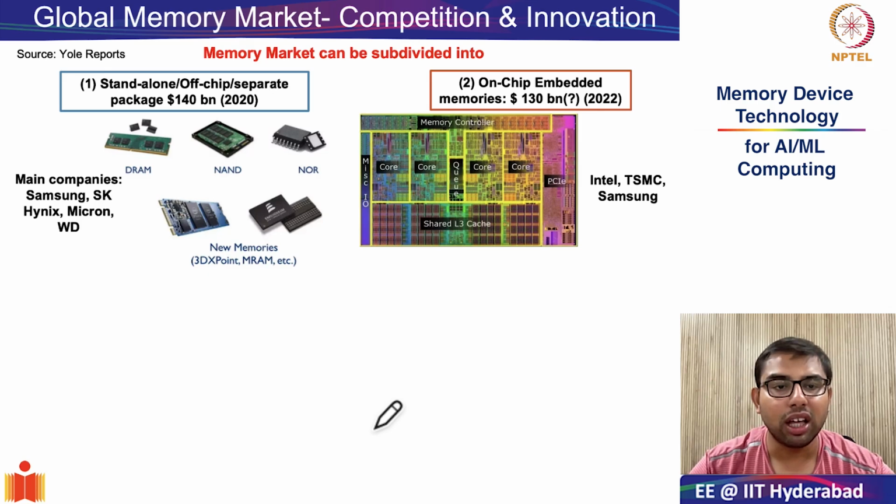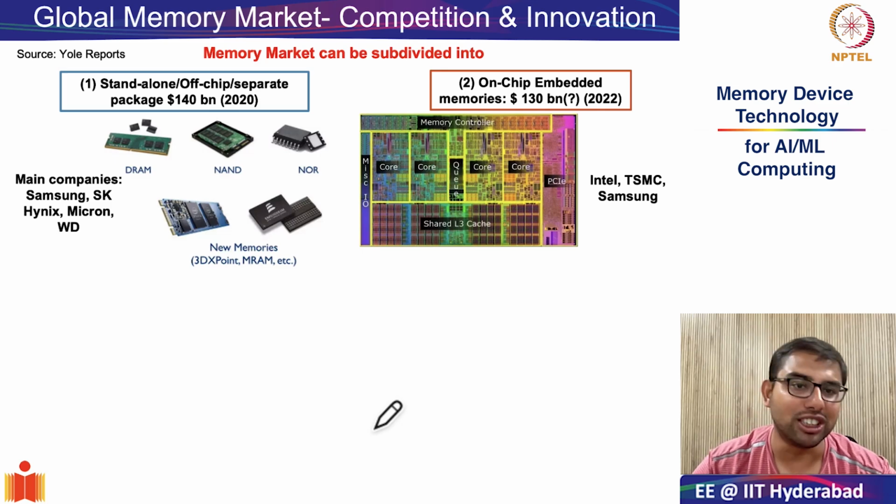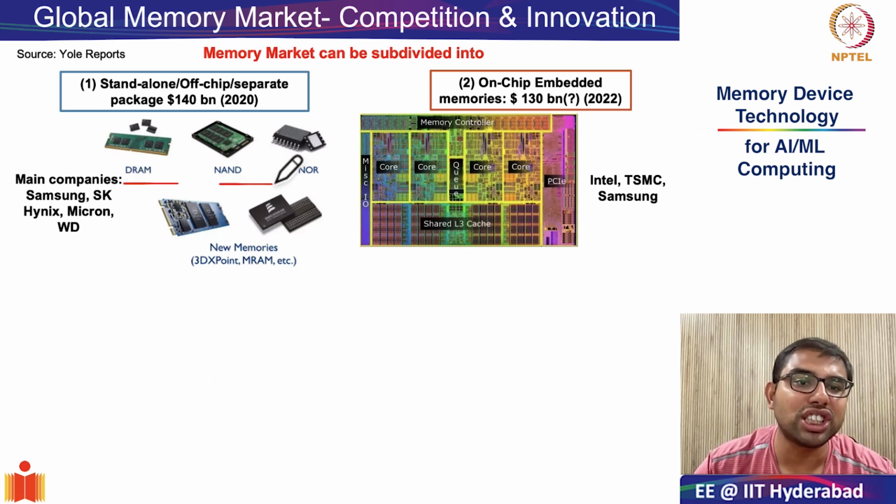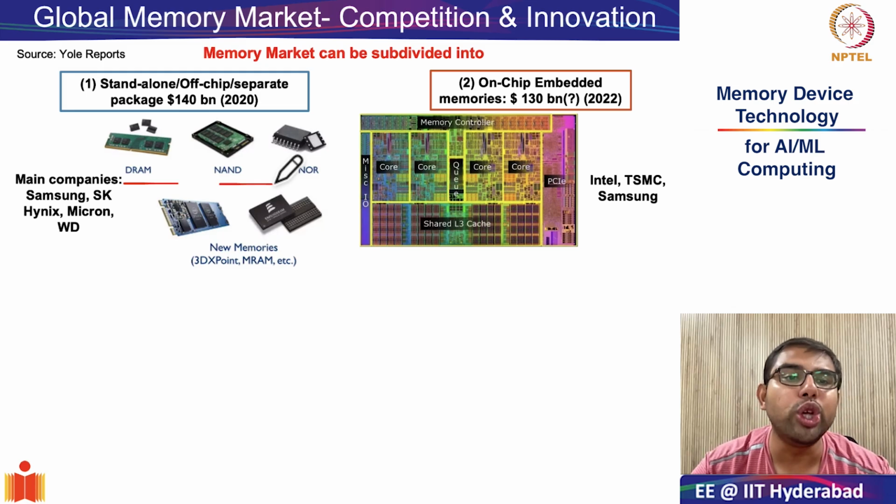So we saw that the entire memory and storage market can be roughly subdivided into two main components. The first is your standalone or off-chip memory market that consists of your DRAM, your NAND flash, your NOR, and your new eNVM memories.